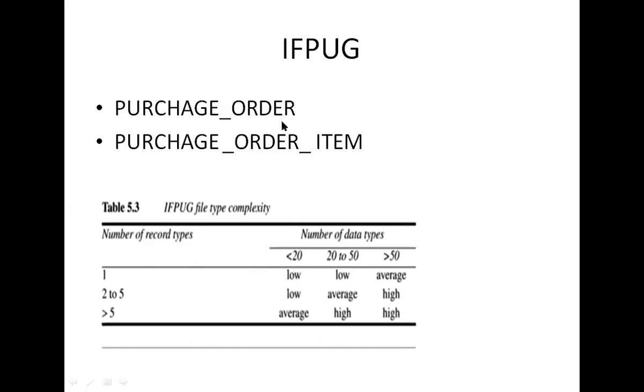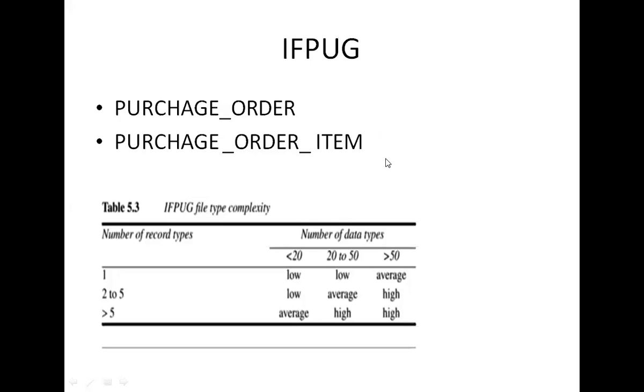In purchase order, the data types are order number, supplier reference, and order date. So here we have three data types in this record.